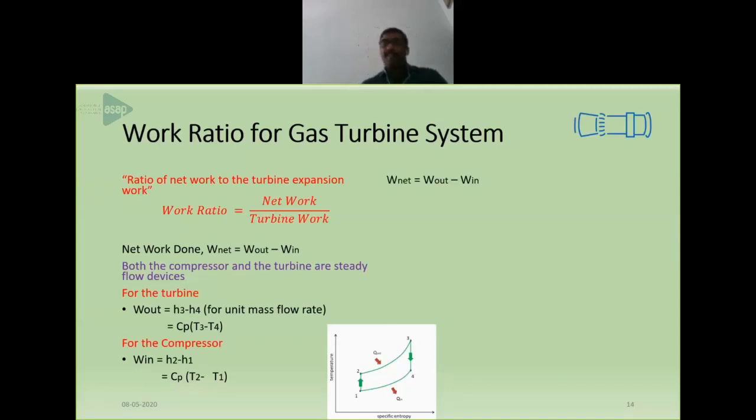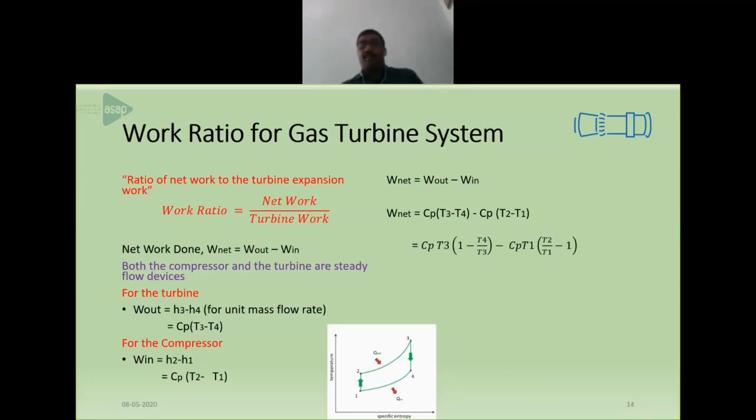So W net is equal to W out minus W in. So W net is equal to Cp into, we are substituting these things, Cp into T3 minus T4 minus Cp into T2 minus T1. Or you are writing it by taking temperature ratios: Cp into T3 into 1 minus T4 by T3 minus Cp into T1 into T2 by T1 minus 1.